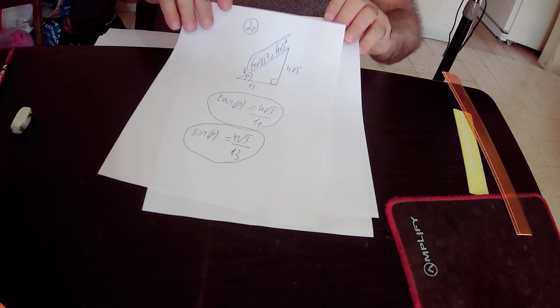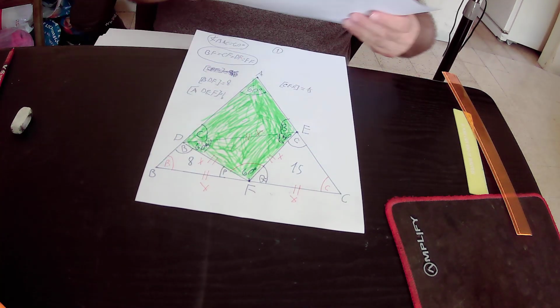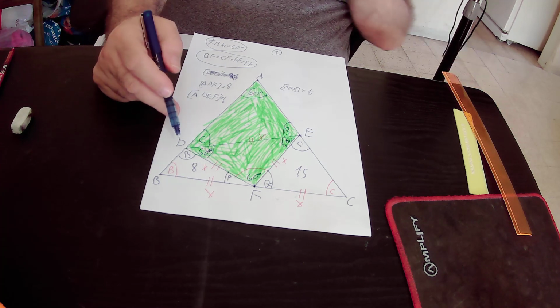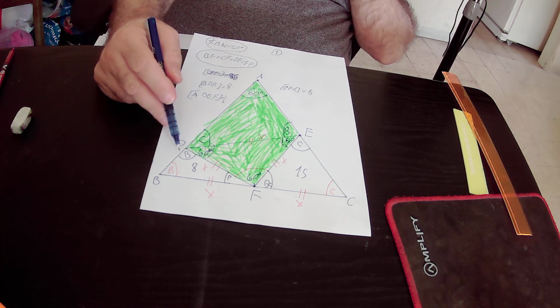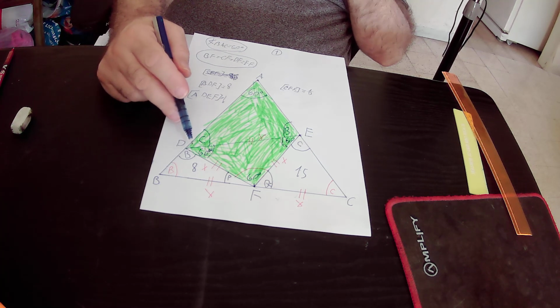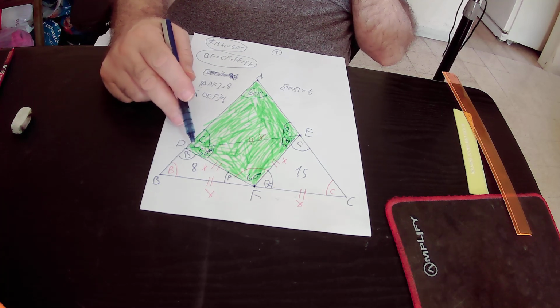Okay, so in the next step we'll calculate the area of the small triangle DBF according to the formula that I gave to you.